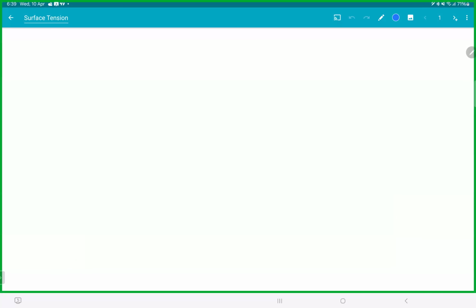Like I keep saying, if you actually understand what it is, it becomes easy to figure out. So, surface tension. Let's start off like this. First we need to go to the fundamental level.